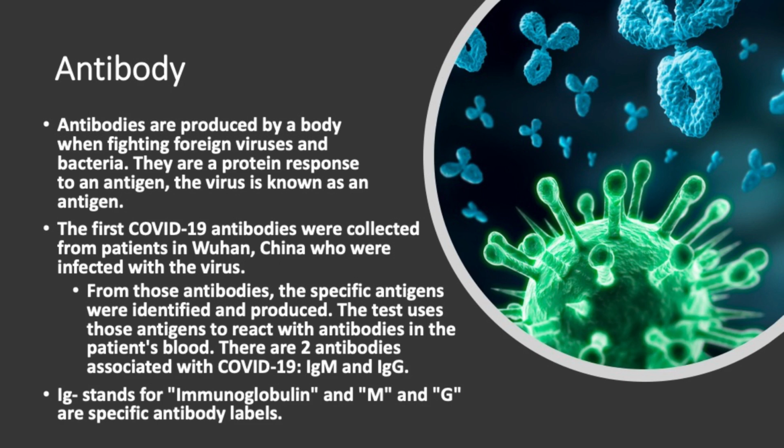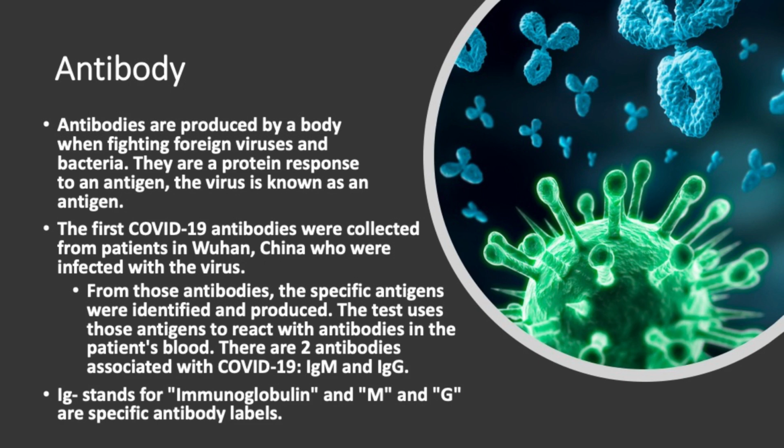From those antibodies, the antigens that were causing them were identified and then produced. We'll talk about that in a second, but basically all of the antibody tests out there utilize the antigen that came from the original virus in Wuhan.